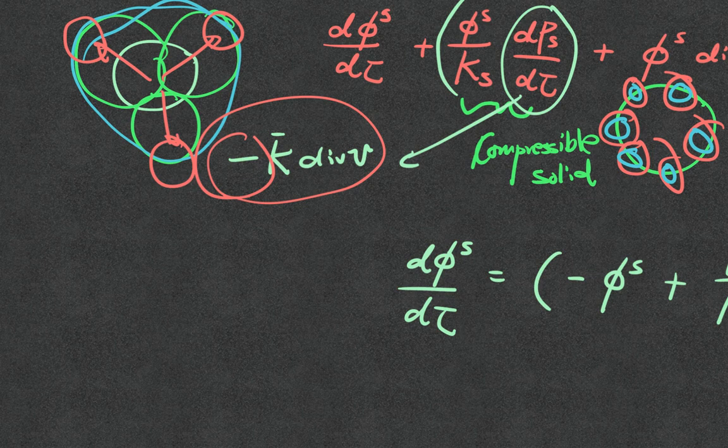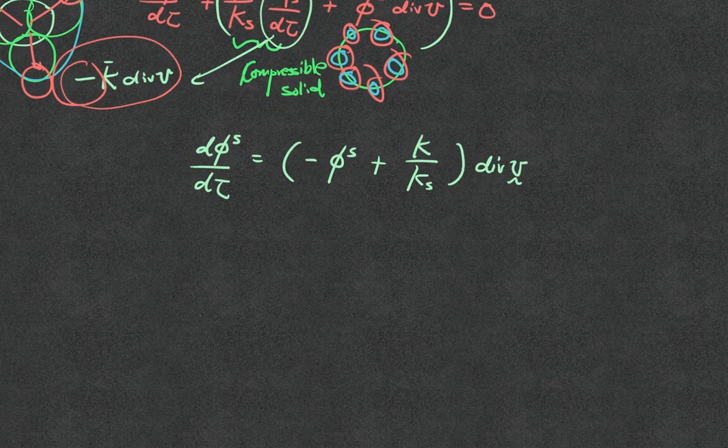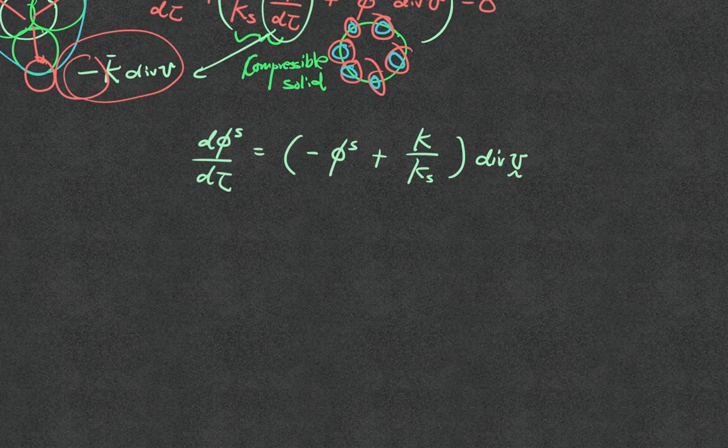The solid skeleton changes the size in this way. If we keep the same volume, then they need to have opposite effects to keep the same size. So go back to this. This is actually what we have. And what we would have for the other phases is the following.